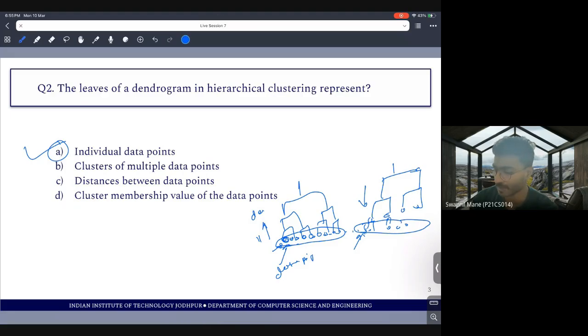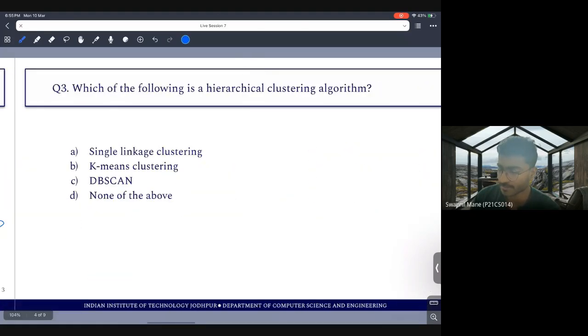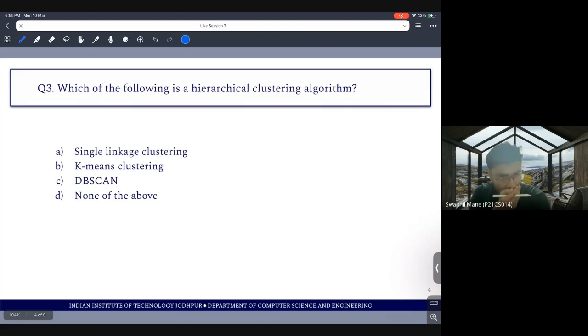Okay, let's move to the next question. Which of the following is a hierarchical clustering algorithm? Single linkage clustering, k-means clustering, DBSCAN. This is also a trivial question. Please let me know which option is correct. Take your time.